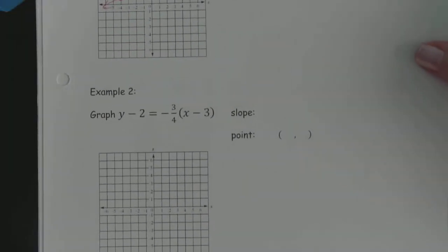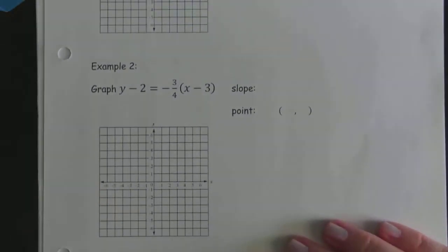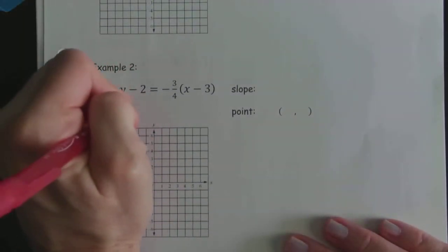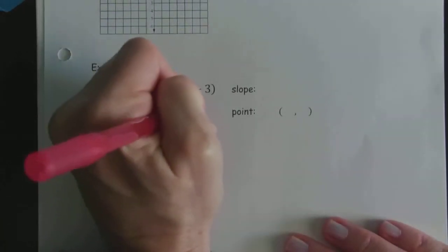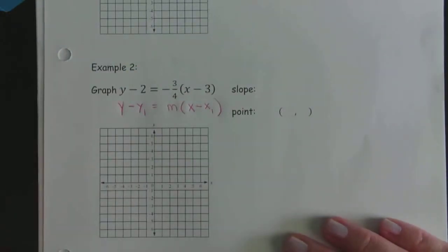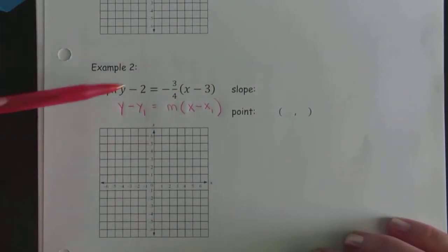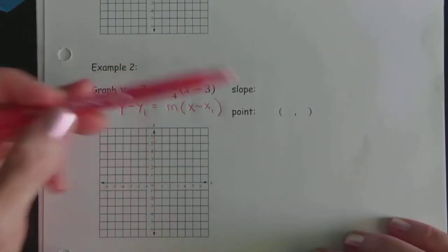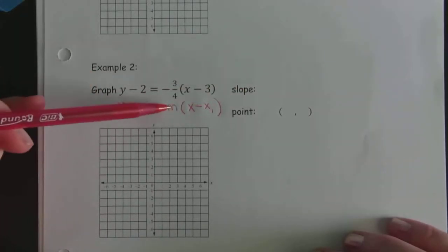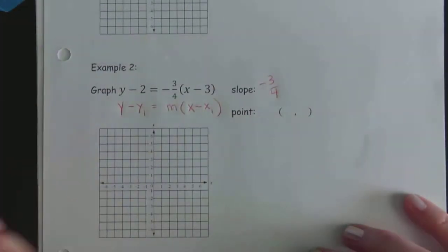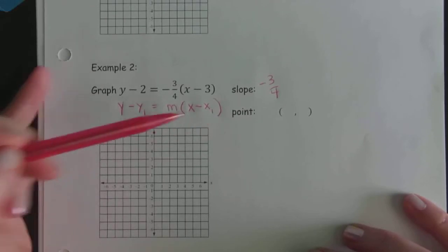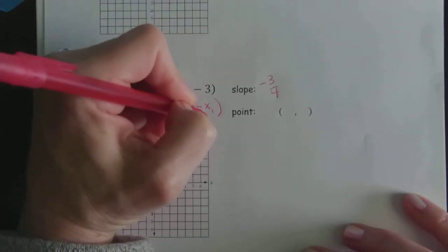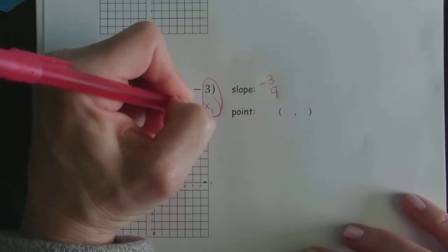Next example. Graph y minus 2. So I'm thinking of that as y minus y sub 1 equals m times x minus x sub 1. So again, it's flowing right into the form or right from the form. So let's identify slope. I'm seeing my slope as -3/4. And my point, again, working x to y, right to left, my x sub 1 looks like 3.